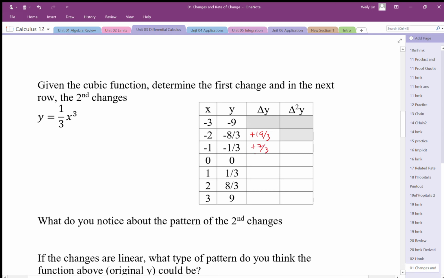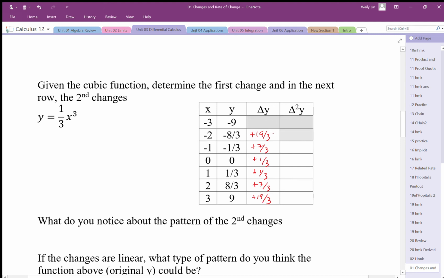Then from -1/3 to 0, I've gone plus 1/3. Here I've gone plus 1/3, then plus 7/3, and then to 9 is going to be plus 19/3. So it's kind of symmetrical, which is interesting because this is a cubic function and our changes are symmetrical. We'll see why once we look at the second change.